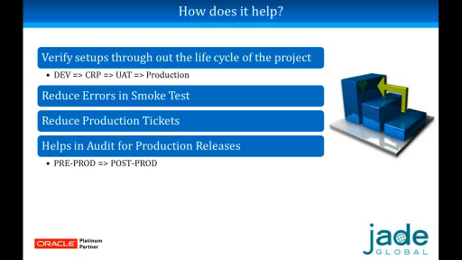This also provides help for audit purposes, because normally what I have seen is that many clients document a lot of things, especially when we do an R12 implementation, to make sure that whatever setup we had in the UAT is the one that we migrated to production. So they do a lot of documentation alongside of actually doing the setup.